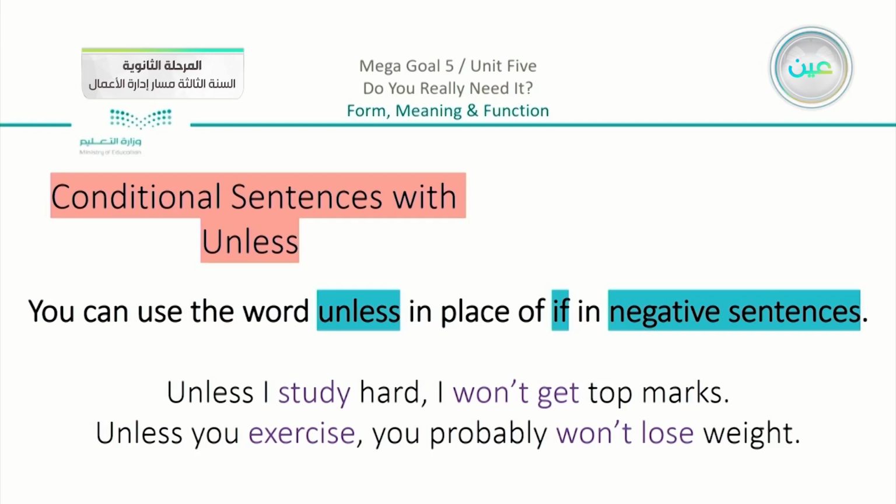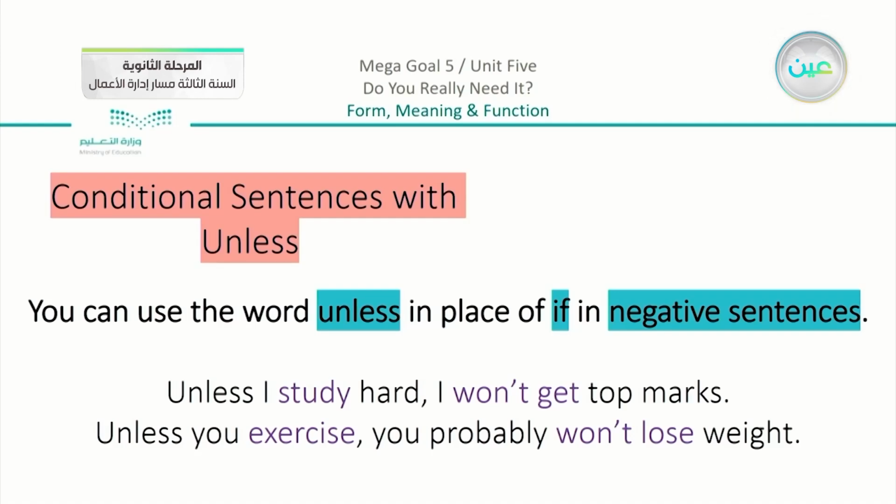Now we have our examples. Unless I study hard, I won't get top marks. I won't is the negative form of will not. And the second one, unless you exercise, you probably won't lose weight. You can see that we also have the negative in the second sentence.